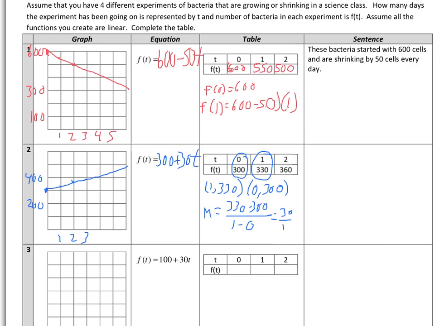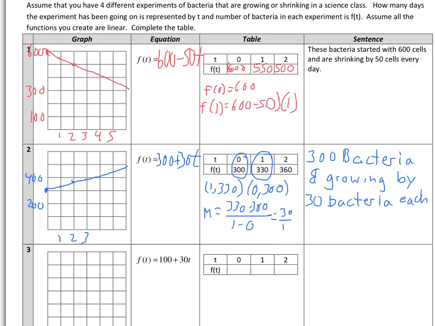So we started with 300 bacteria. And we said growing by how much? 30 bacteria each day.